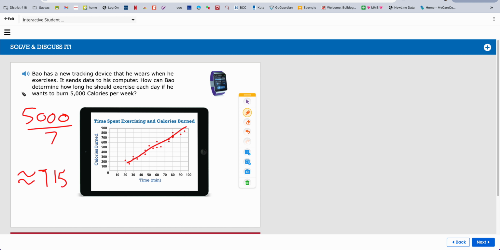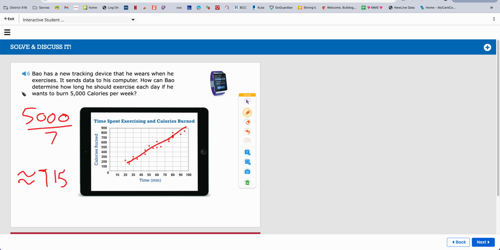One thing that's going to be a little different today, and we'll talk about this more as we go through: usually with writing equations, we want to know exact numbers, right? But with trend lines and making predictions, we're going to get close. We want to get as close as we can, but our numbers are going to vary a little bit.